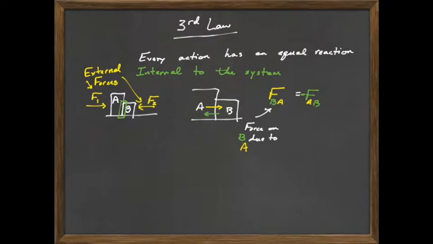Okay, and again, when we see these internal forces, the other thing that is important to note about them is that all internal forces cancel each other. Okay, and they cancel each other because of Newton's third law. They are equal and they are opposite, and so since they're both applying to each other, they have no effect on each other.